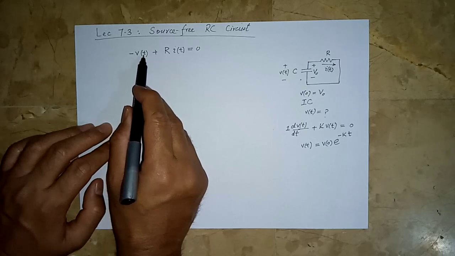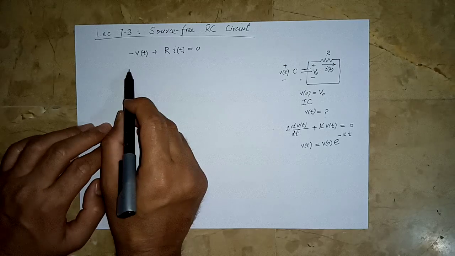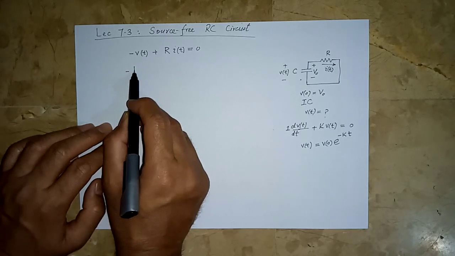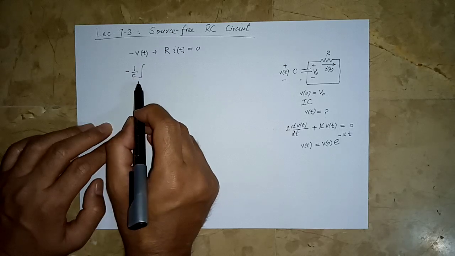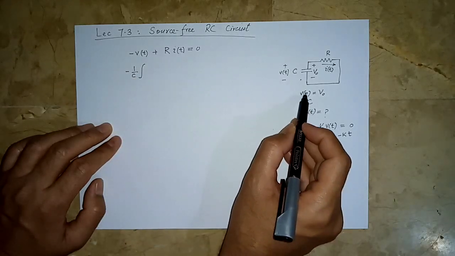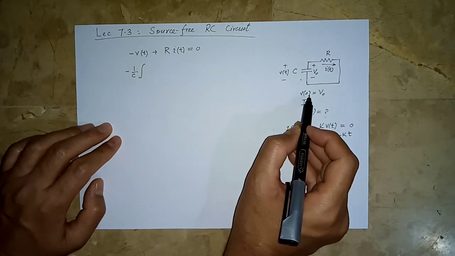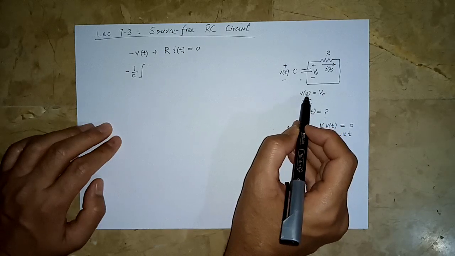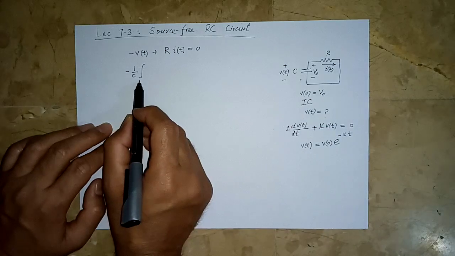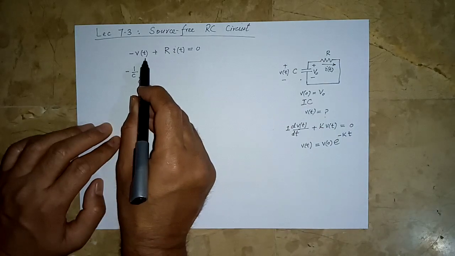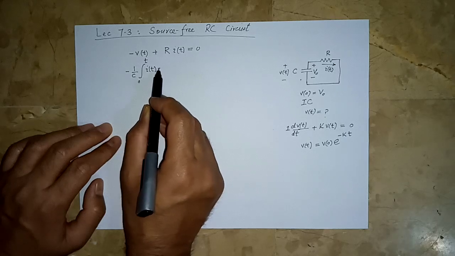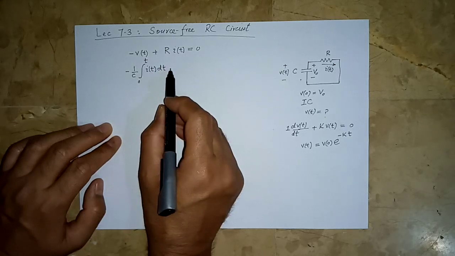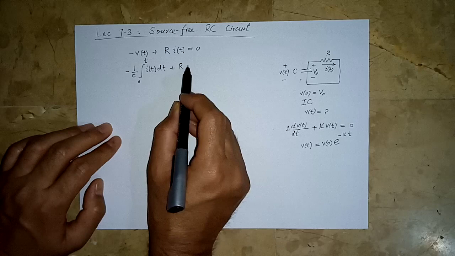So what is Vt for a capacitor equal to? It is actually equal to 1 over C, an integral, and since we are dealing with an initial condition, our interest started for this circuit at t is equal to 0. So we can write from 0 to t it dt plus r it.